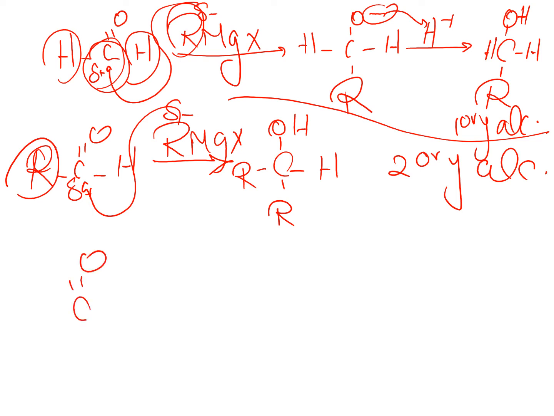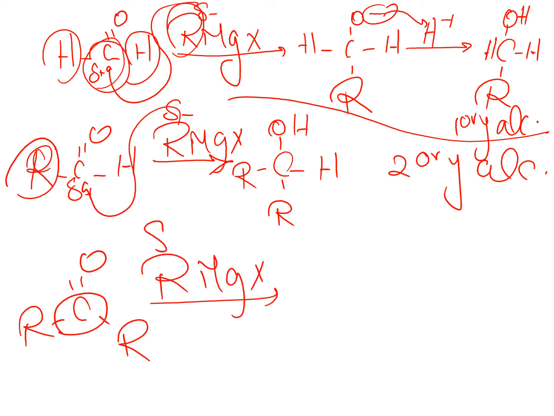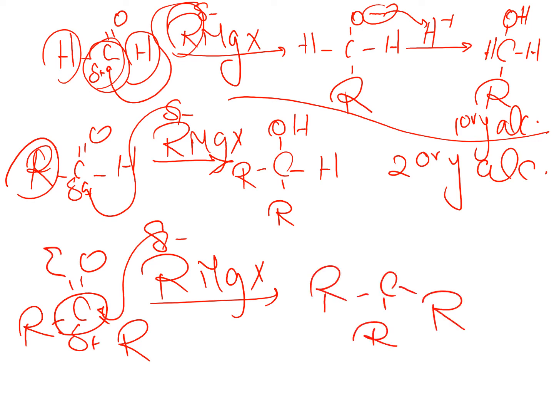Finally, if you start with a ketone, then your carbonyl is already attached to two carbons, and you will introduce the third carbon from the Grignard reagent, and accordingly you will end up with a tertiary alcohol.